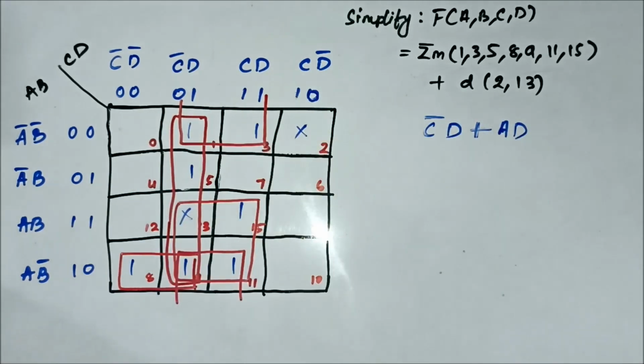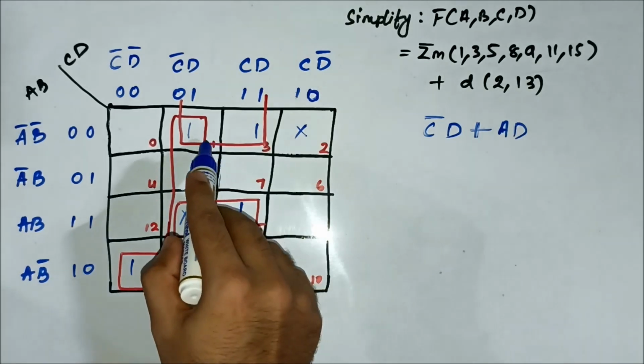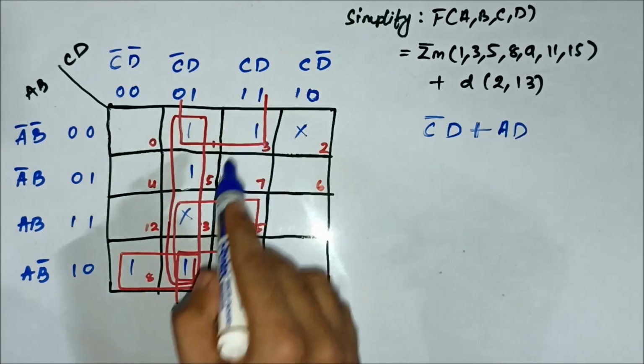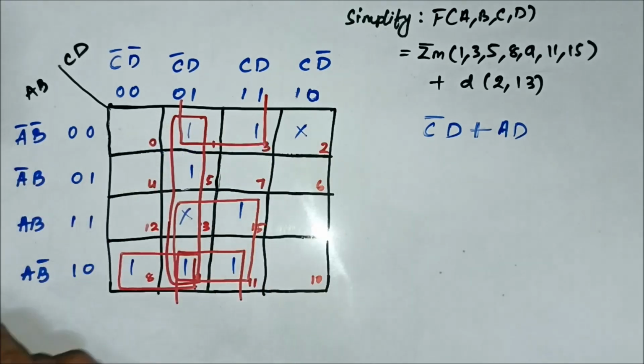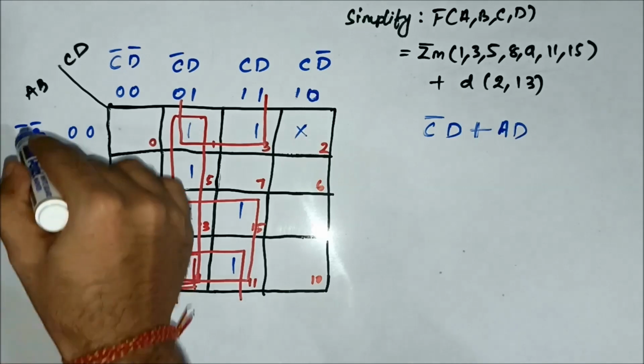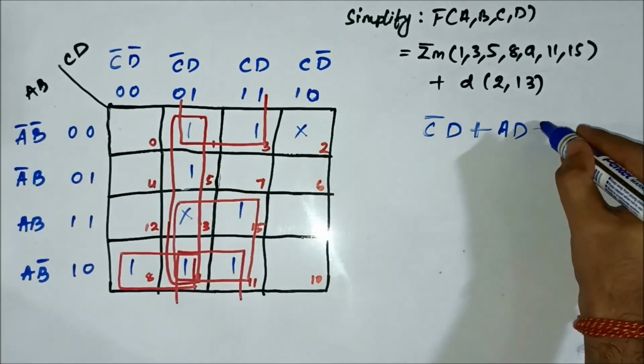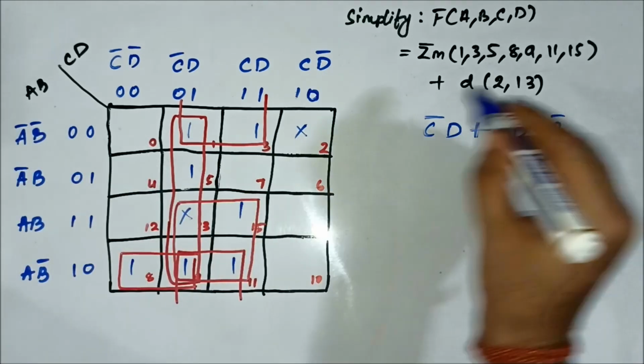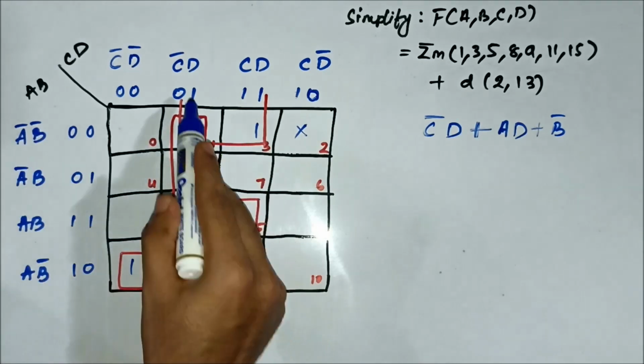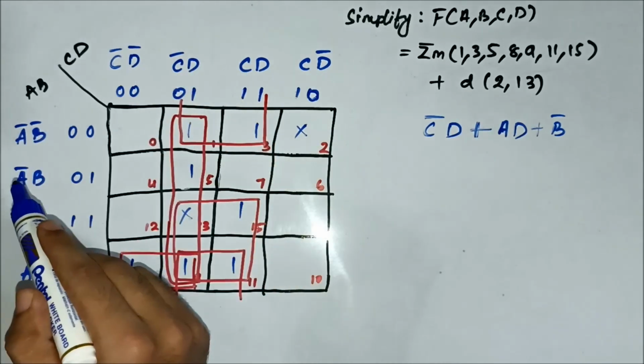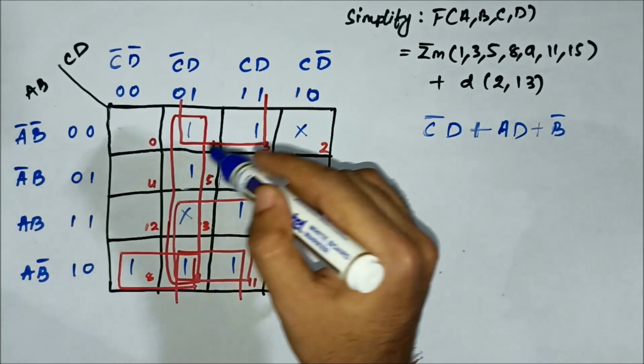Next, for this quad involving cells 9, 11, 1 and 3, in the horizontal side we have B bar common, and in the vertical side we have D common.